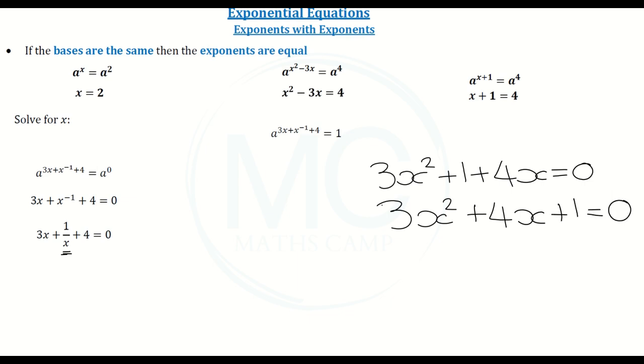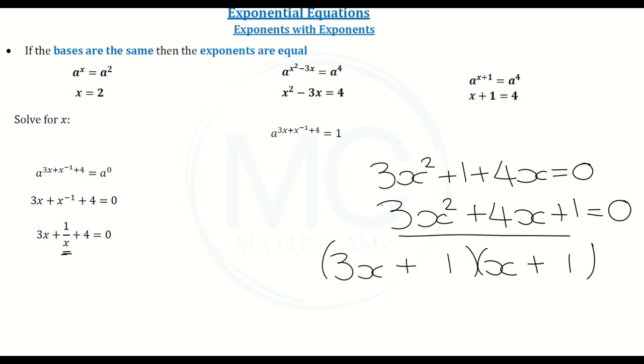And now we can factorize this expression over here. Let's put in 2 brackets. We have 3x squared, so we have 3x and x. Then we have a constant of 1, say 1 and 1. 4 is positive, so we say plus and plus, which is equal to 0.